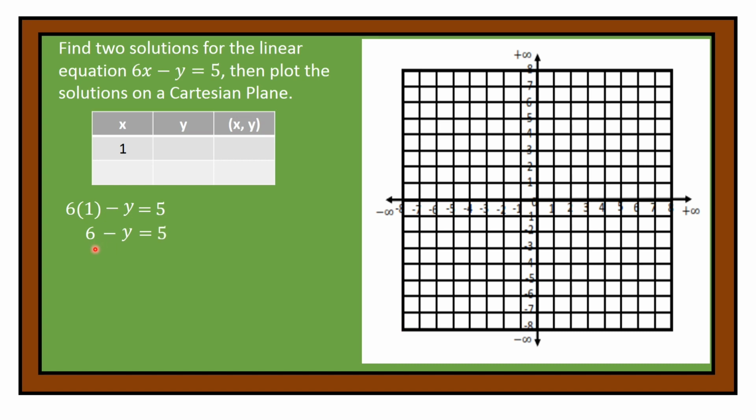Let's do the transposition. We have here negative y equals 5 minus 6. Next, negative y is equal to 5 minus 6 is equal to negative 1.